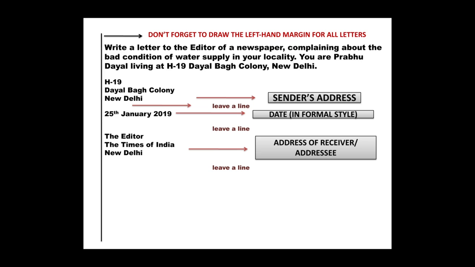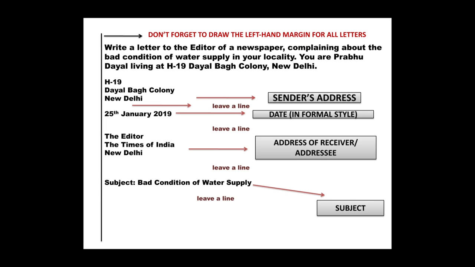Then we write the address of the receiver or the addressee, the Editor, the Times of India, New Delhi. After writing the receiver's address, we again leave a line, and then we write the subject, bad condition of water supply. Again we leave a line and write the salutation, that is sir or madam.